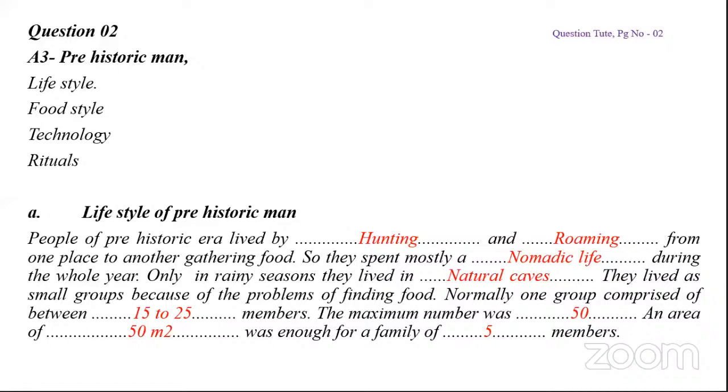Nomadic life during the whole year. Only in rainy seasons they lived in natural caves. They lived as small groups because of the problem of finding food. All these things we have discussed. Normally, one group comprised between 15 to 25 members. The maximum number was 50. An area of 50 square meters was enough for a family of 5 members.